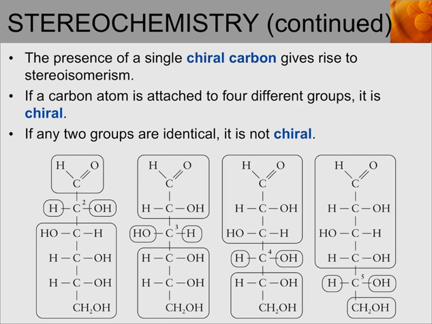Now, it is possible to have multiple chiral carbons in the same molecule. So the presence of a single chiral carbon, like in our last example, will give rise to stereoisomers, or what's also referred to as stereoisomerism.